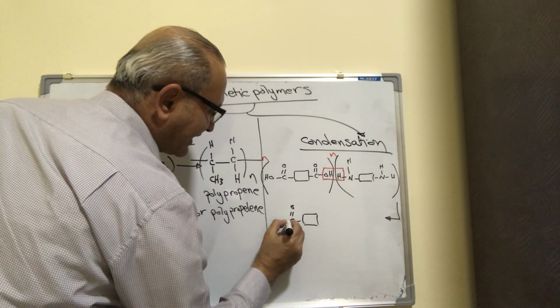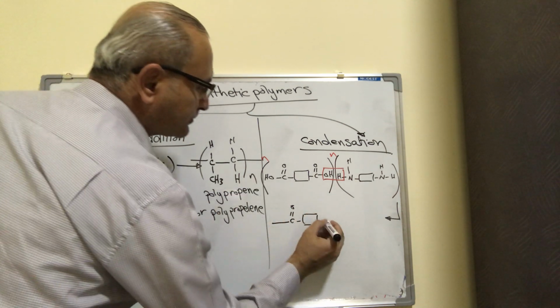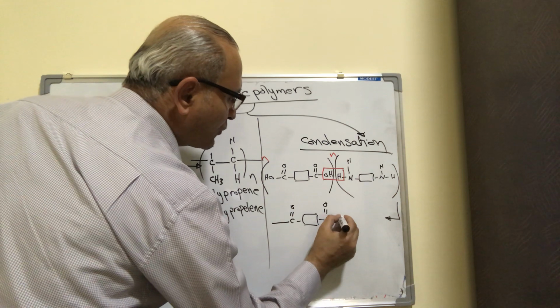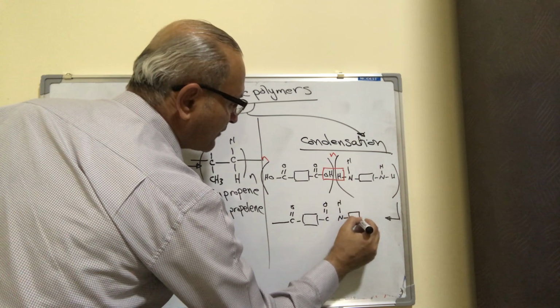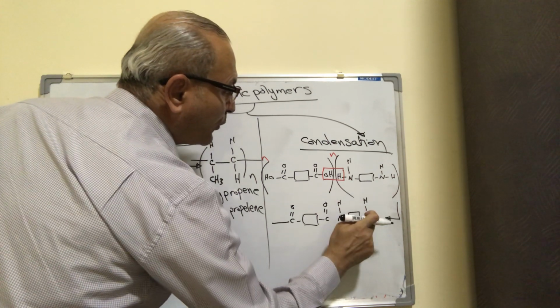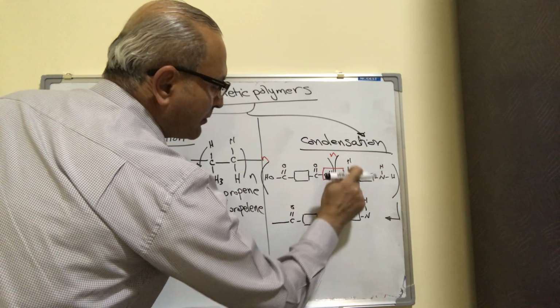We would put a line here to represent that this side will share with the OH. This one, C double bond O, here with what? With NH. Here you have the box again. With what? The NH2, the amine group. Here it is called the amine group.